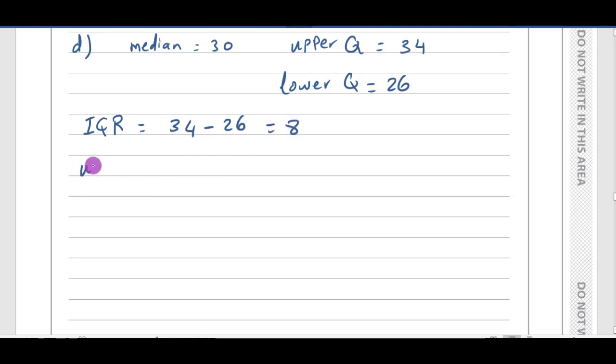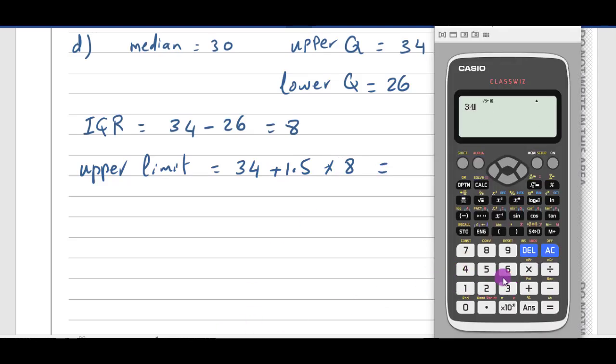So now the upper limit is 34 plus 1.5 multiplied by 8, so it is equal to 46.